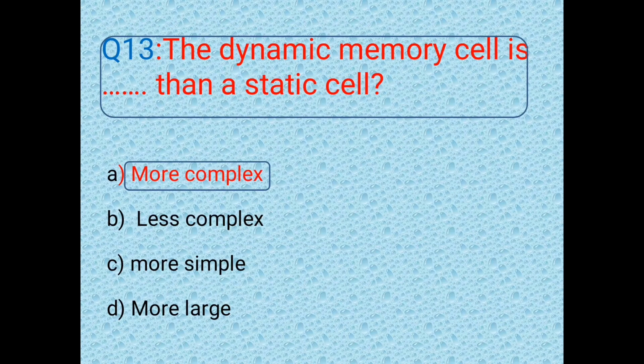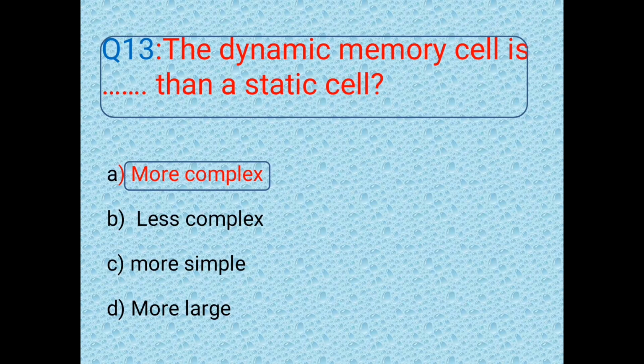Question number 13. The dynamic memory cell is dash dash dash than a static cell. A, more complex, B, less complex, C, more simple, D, more large. So the dynamic memory cell is more complex compared to the static cell. The correct option is A, more complex. What is a dynamic memory cell?